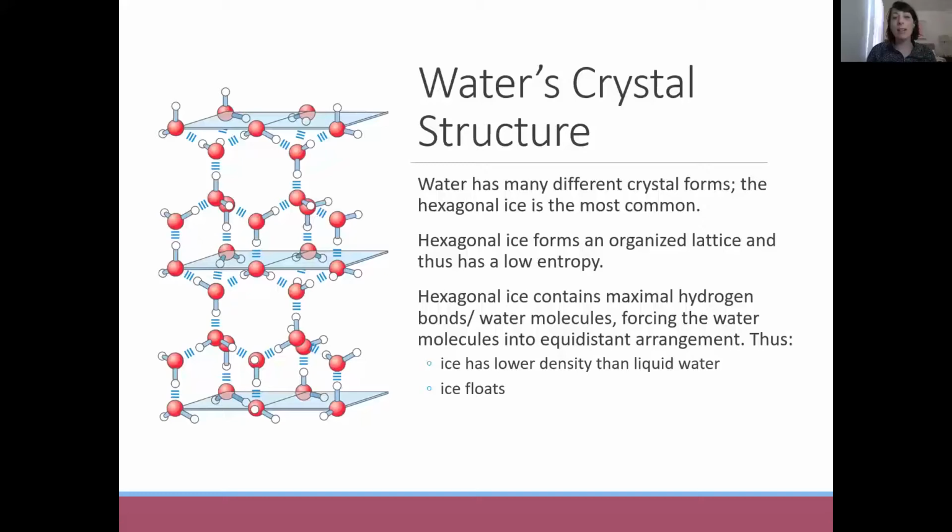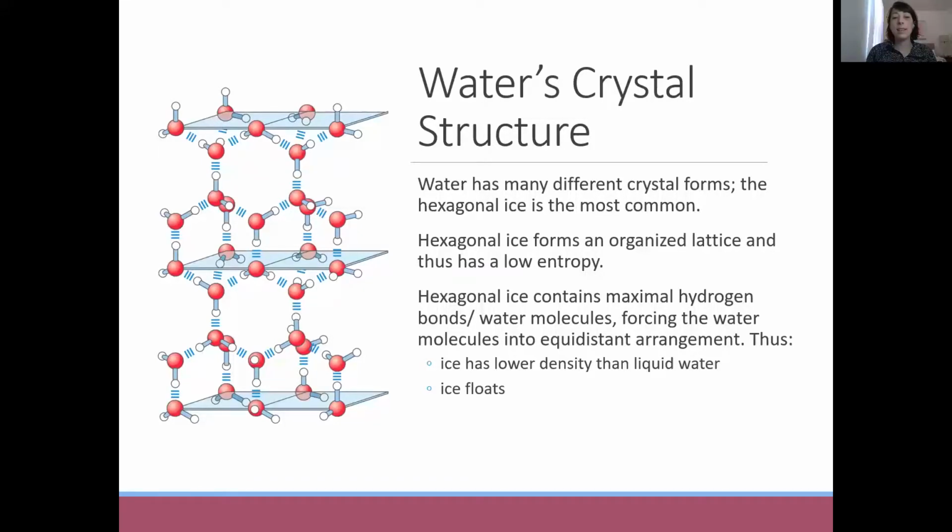And thus, because of this very organized structure, it has a very low entropy. Remember, high entropy, lots of chaos and disorder. Low entropy means structure and order. So here, hexagonal ice is very low entropy.